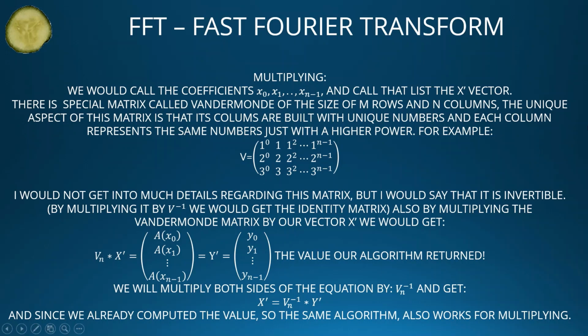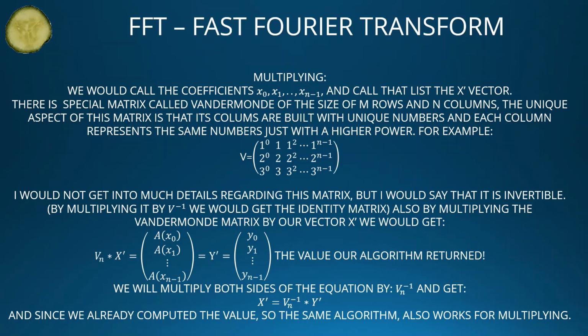Also, by multiplying the Vandermonde matrix by our vector x tag, we would get Vandermonde multiplied by x tag equals A(x0), A(x1) all the way to A(xn minus 1), which equals y tag, which equals y0, y1 all the way to yn minus 1, which are exactly the values our algorithm returned.